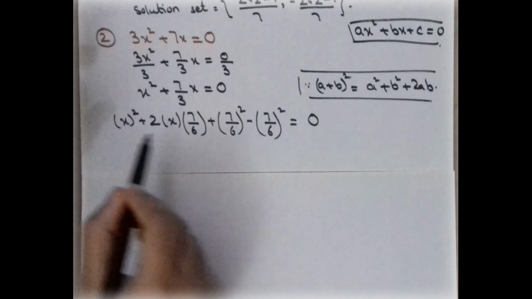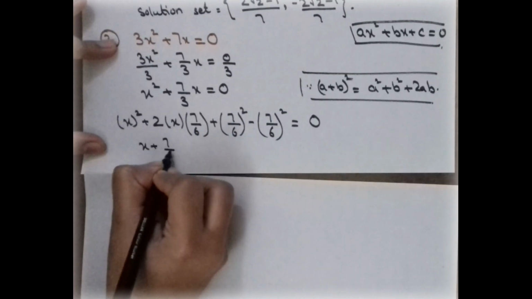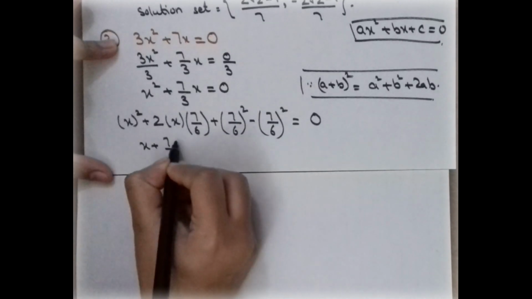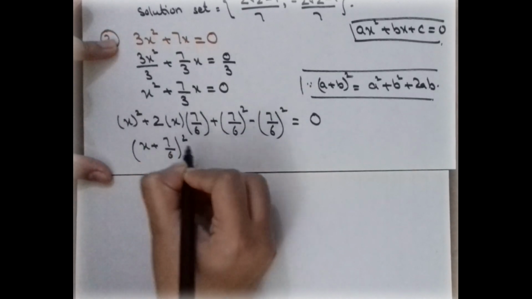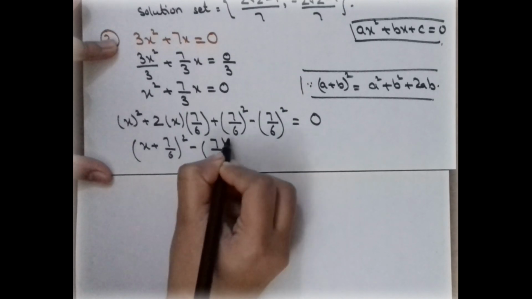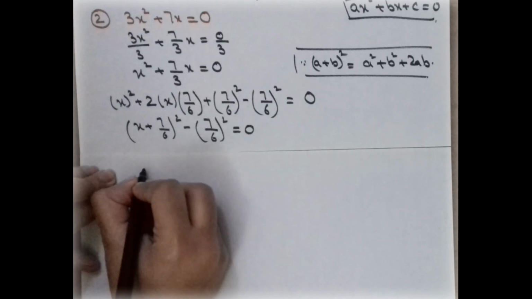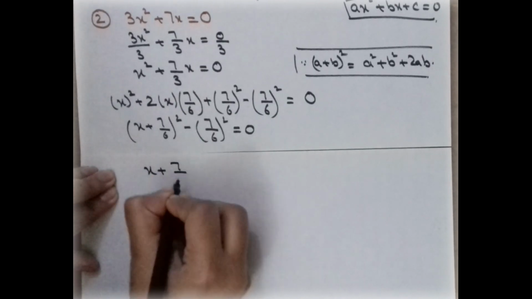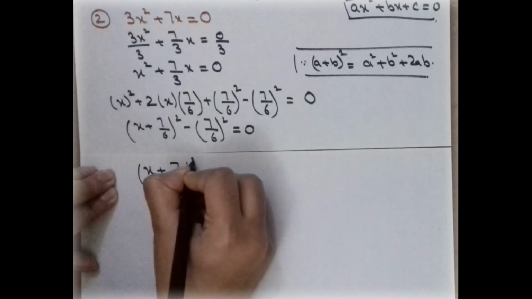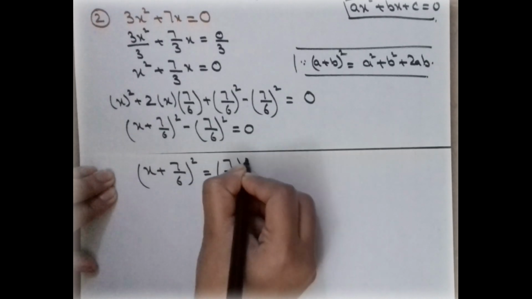This factor will give a square term. So x plus 7 over 6 square minus 7 over 6 square is equal to 0. Take this term on the right hand side. So x plus 7 over 6 square is equal to 7 over 6 square.